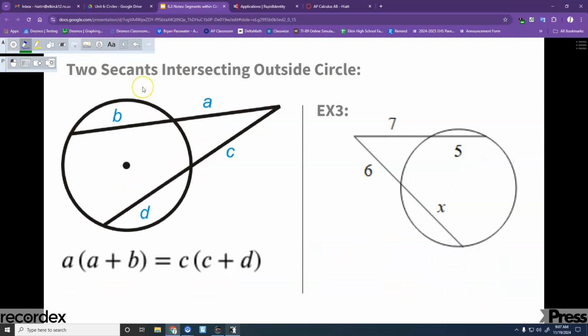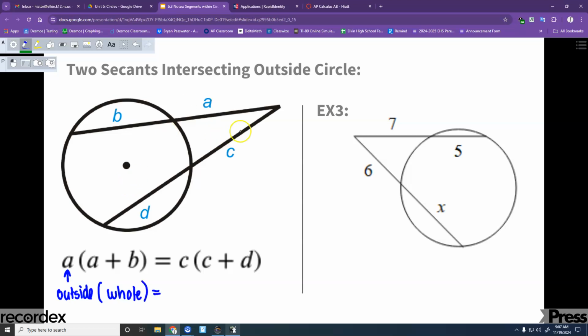Okay, this time we have our two secants intersecting outside the circle. So in this case, they're both secants. They go through the circle. So it's similar to the other problem for the secant part of it, right? Because if I have A times A plus B, that A is the outside part of the line, and A plus B is the whole line.